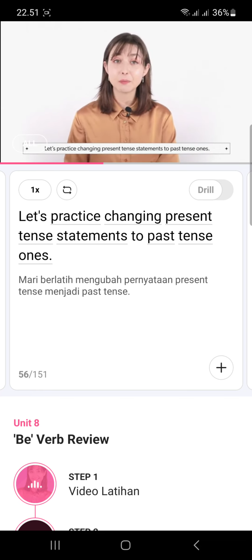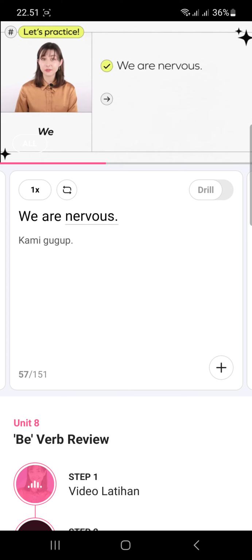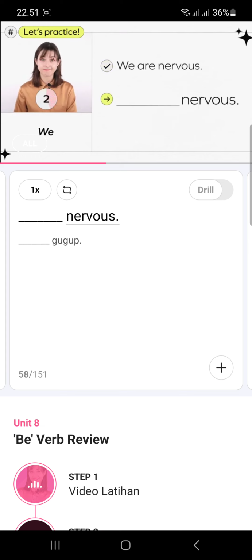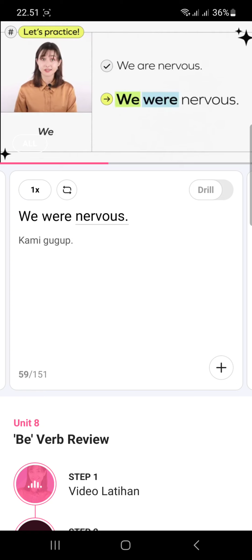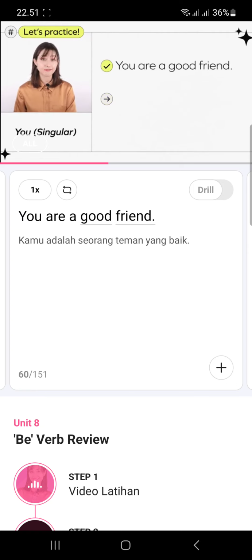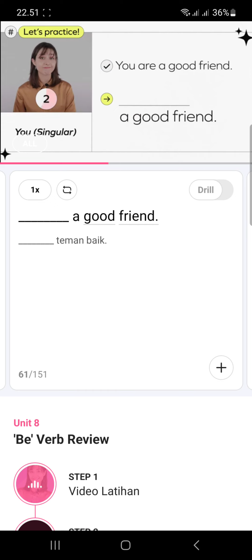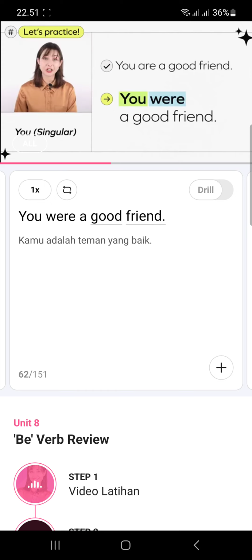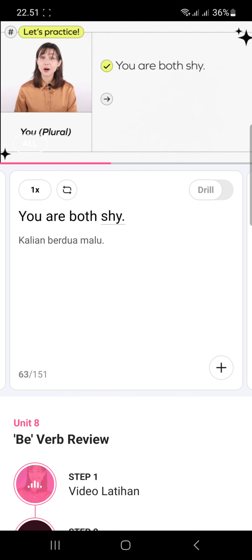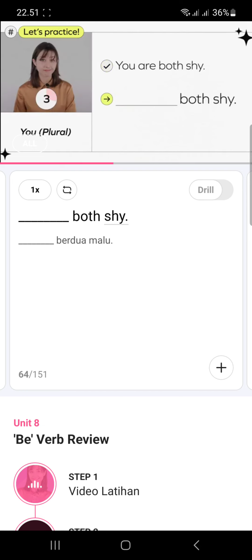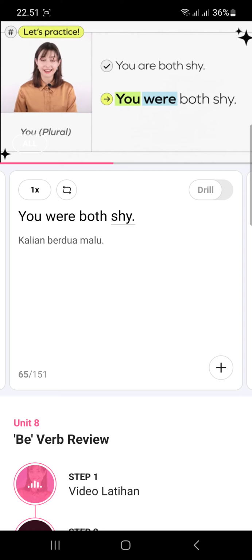Let's practice changing present tense statements to past tense ones. We are nervous. We were nervous. You are a good friend. You were a good friend. You are both shy. You were both shy.